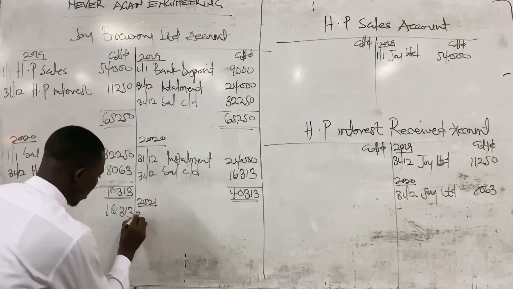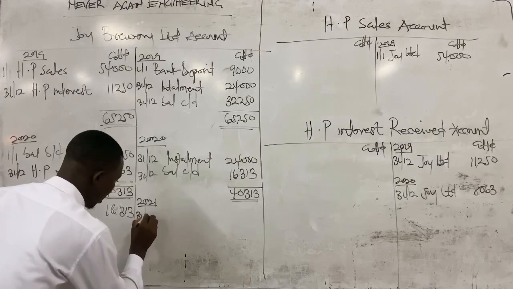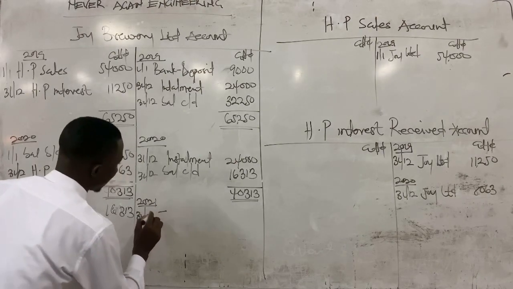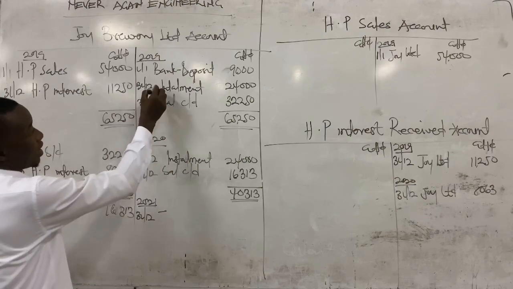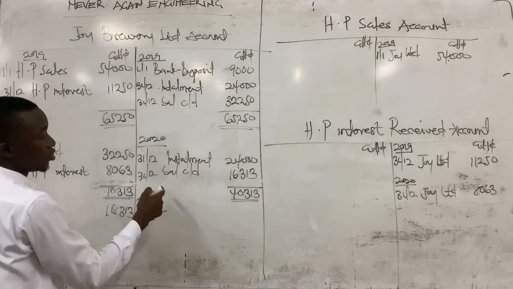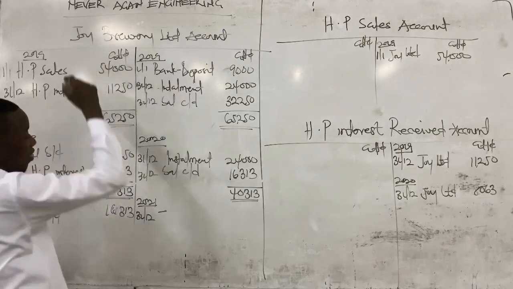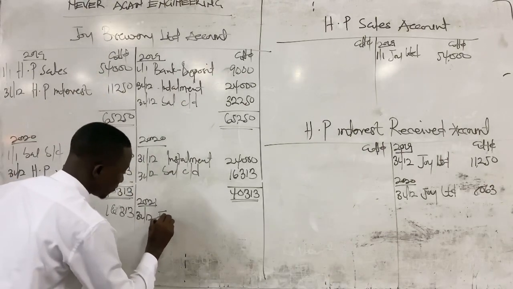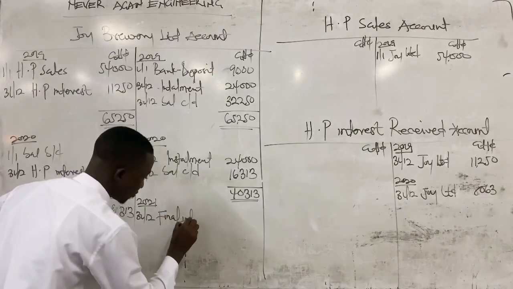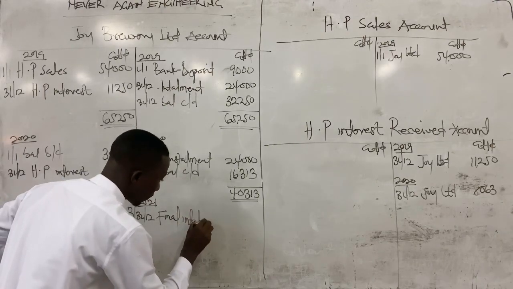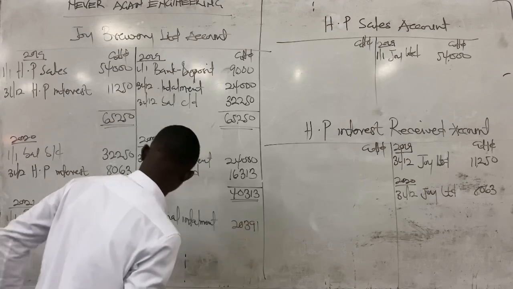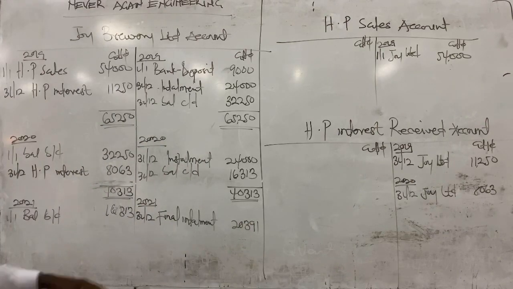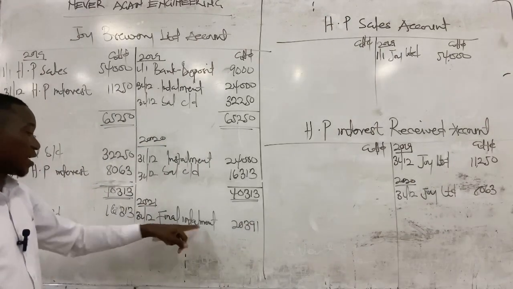But remember, all these installments are from the bank, so it will be debited to the bank account of Never Again. So final installment, and the amount is 20,391. Is this clear? And this final installment is being made at the end of the year.